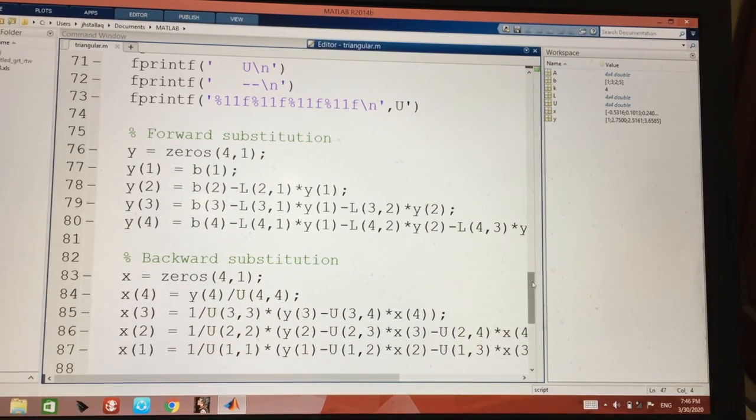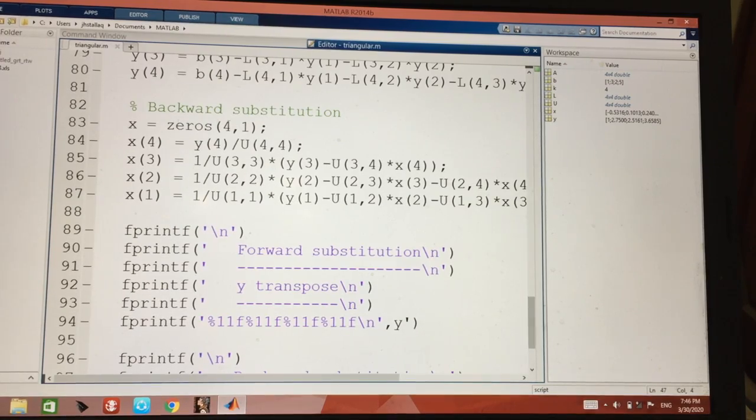And once we know these Y's, we go to the upper triangular matrix and do the process again to determine the x values. First, it's backward substitution. First, we determine x4, and then from x4 we determine x3, and then x2, and then x1.